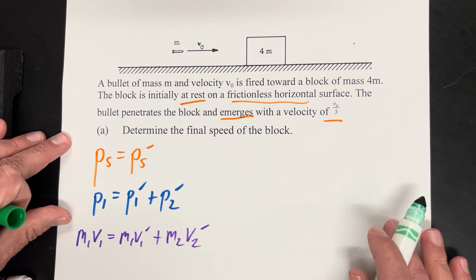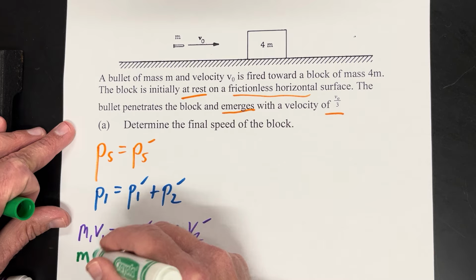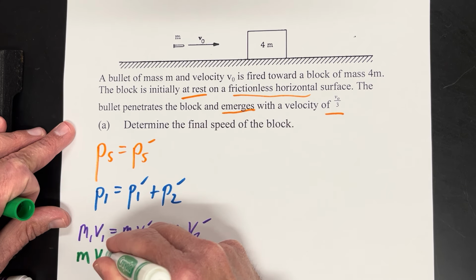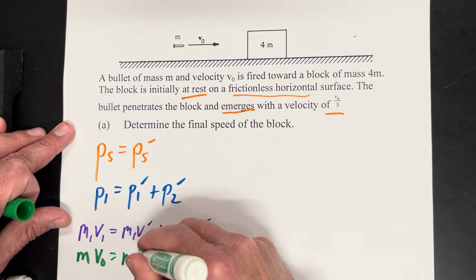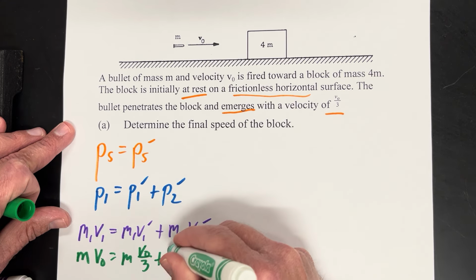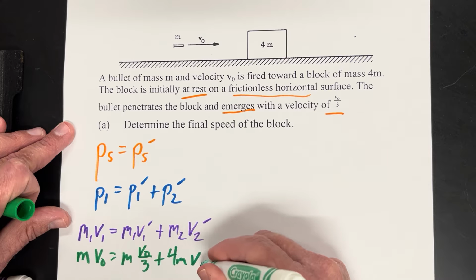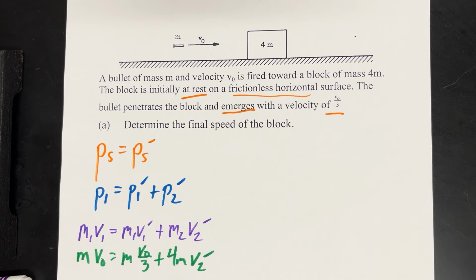The mass of object 1 is m, and its original velocity is v0. Afterwards, object 1 is still mass m, and they told us the velocity afterwards is v0 over 3. The mass of object 2 is 4m, and we'll call the velocity of the block afterwards v2 prime. Now we have to find that velocity.